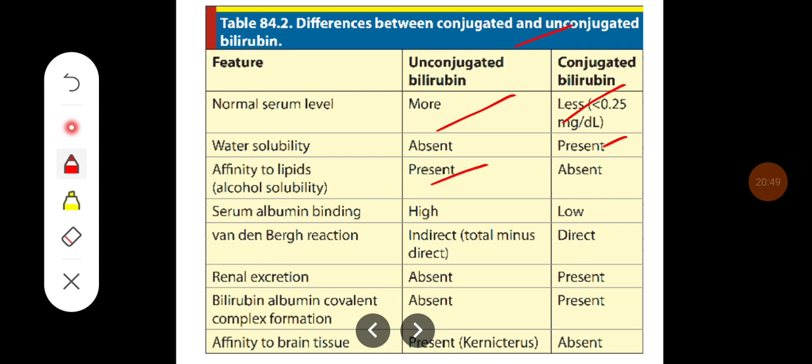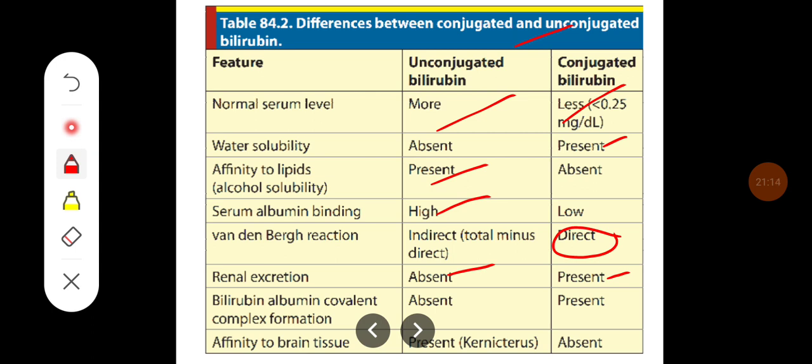The unconjugated has more affinity for albumin binding. The van den Bergh reaction is direct positive for conjugated bilirubin. Renal excretion is absent for unconjugated bilirubin. It is present for conjugated bilirubin.